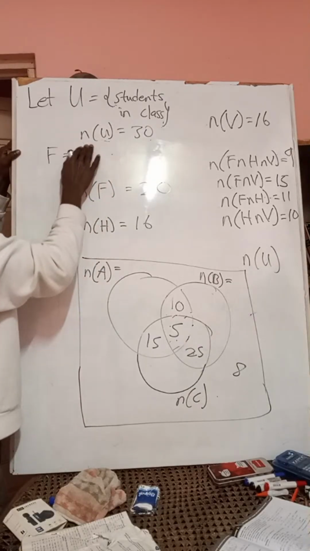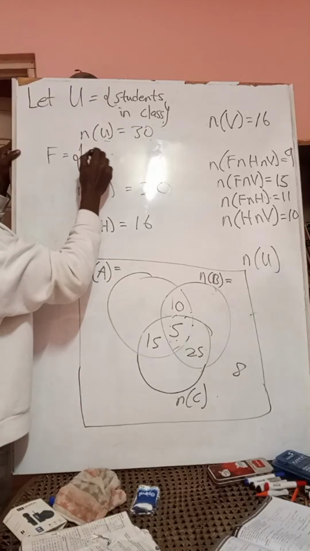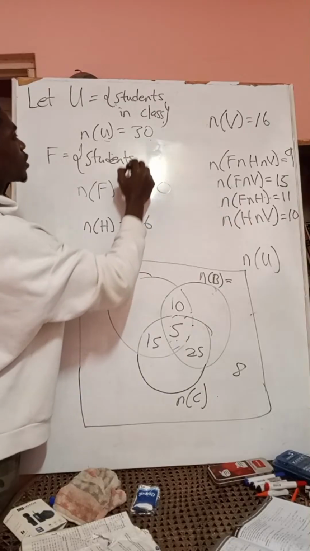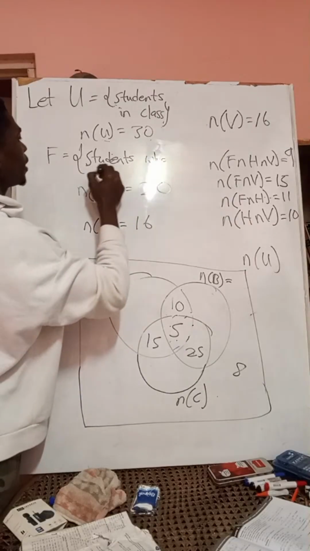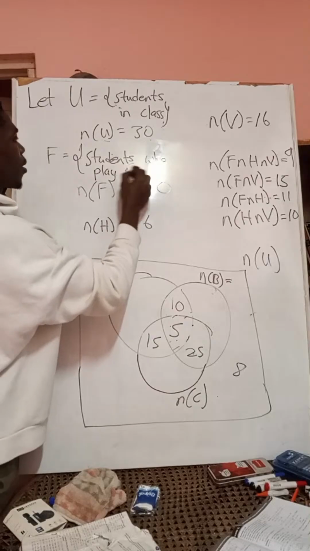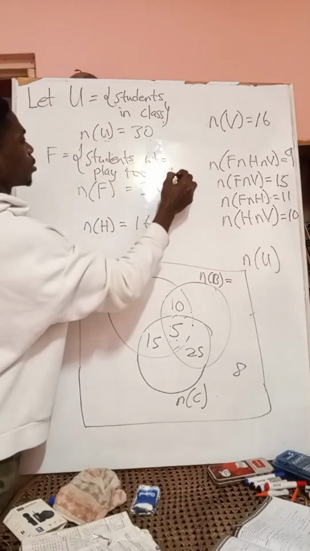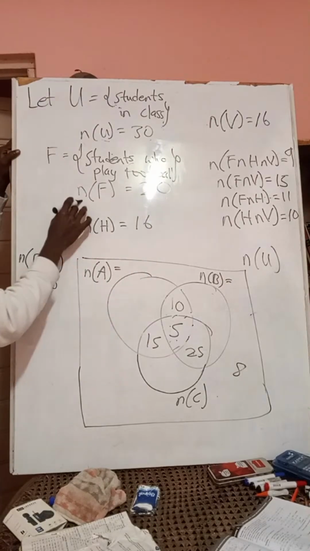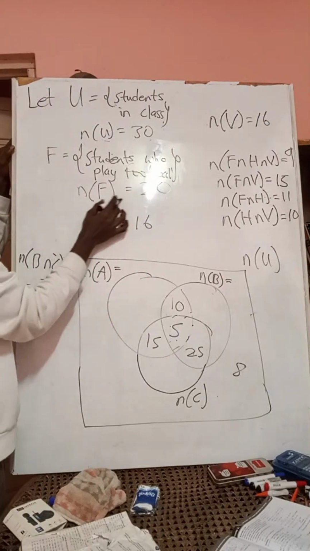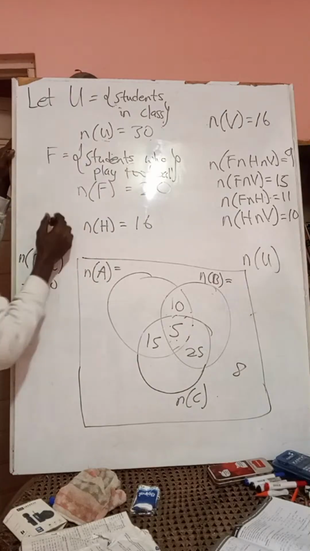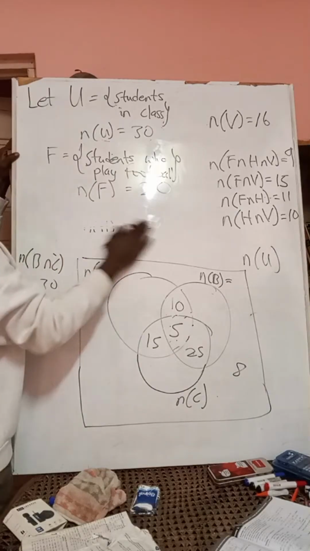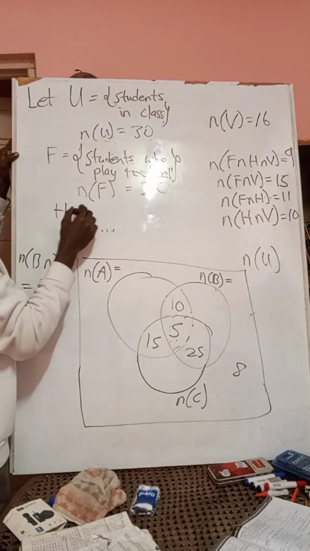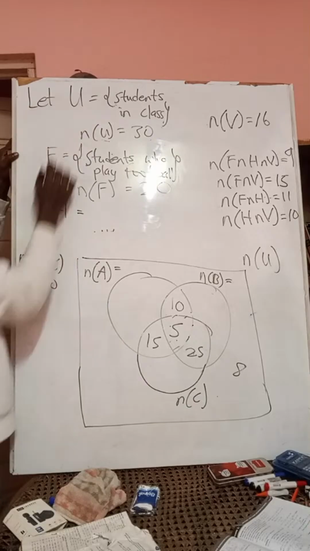Then F equals students who play football. Number of students who play football. Understood? Then here too, H. So this "let" is representing all of this.